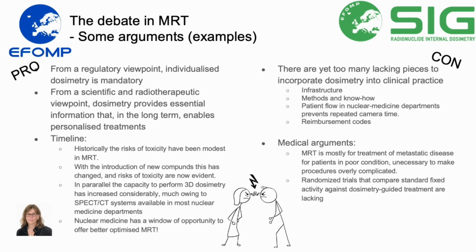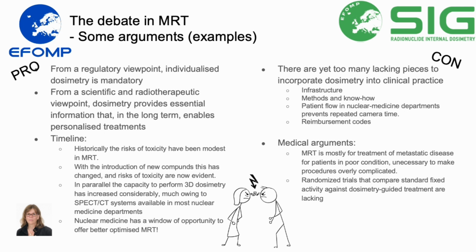There is a lack of infrastructure. There is a lack of methods and know-how. It is difficult to fit in repeated camera time in current nuclear medicine departments. And there is no system for reimbursement in most countries for dosimetry. There are also many medical arguments around.